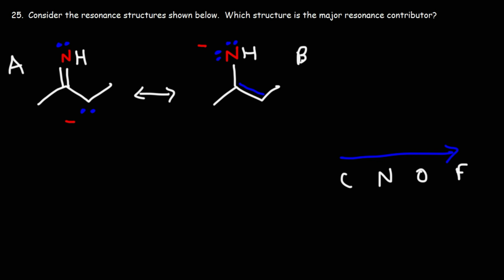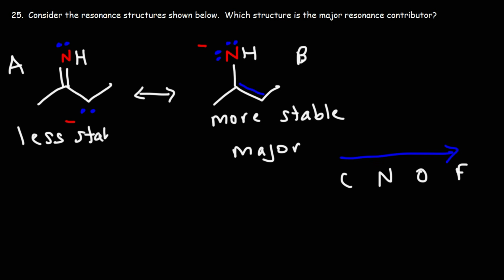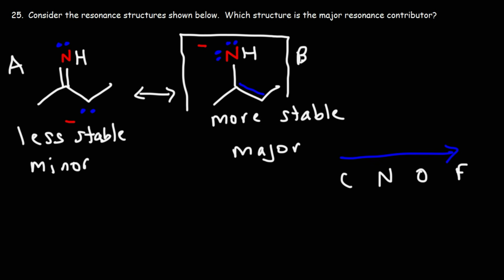So because nitrogen is more electronegative than carbon, it's better to put the negative charge on nitrogen than carbon, because nitrogen wants those electrons. It can handle the negative charge better. So this structure is more stable, which means that it's going to be the major resonance contributor. The structure that is less stable is going to be the minor resonance contributor. So the answer is structure B, the one on the right.